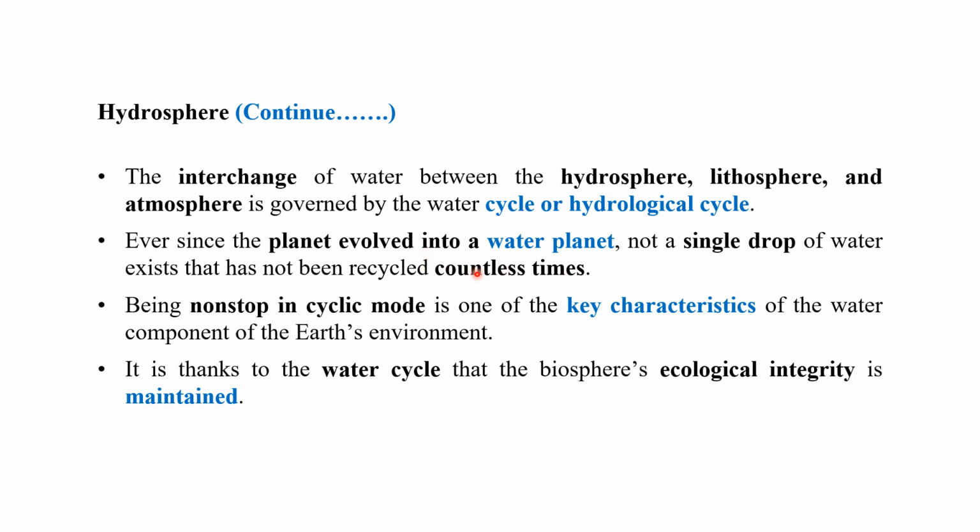Even a single drop of water has moved into the atmosphere countless times because of the hydrologic cycle. Being non-stop in cycling mode is one of the key characteristics of the water component of the Earth environment. It is thanks to the water cycle that the biosphere's ecological integrity is maintained.